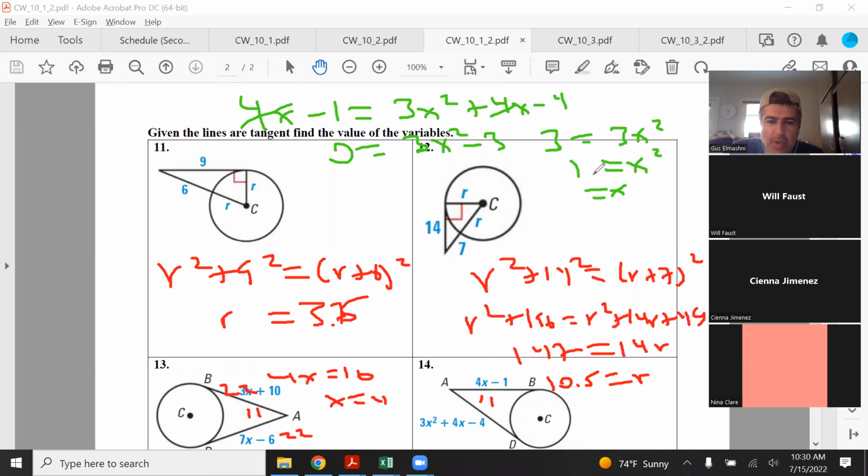So technically it's plus or minus 1, but you can't put -1 because that makes that side negative. So we're going to say 1. And that will make that 3 here. If you put a 1 here, you get 3 again. So yeah, X is 1 for that one. So that's number 14. Okay.